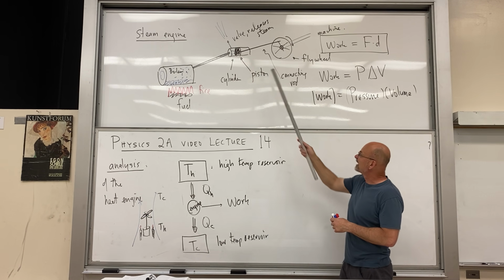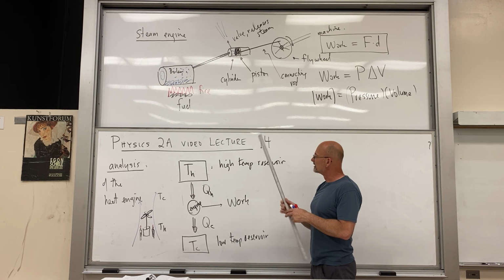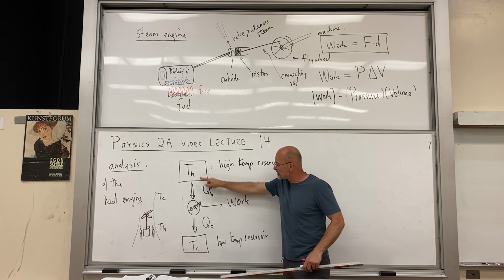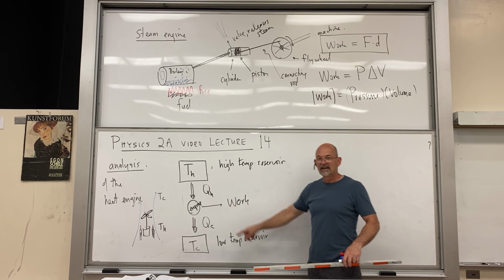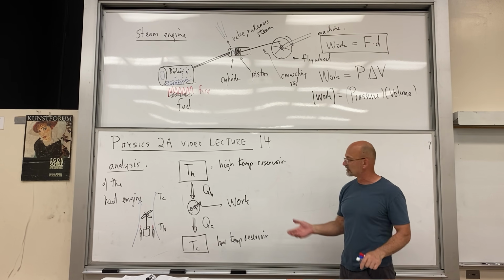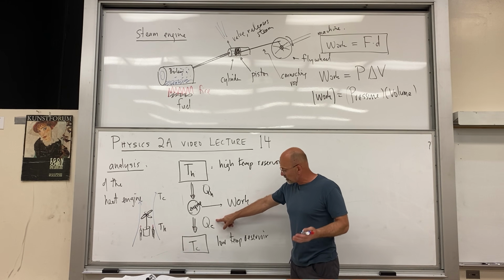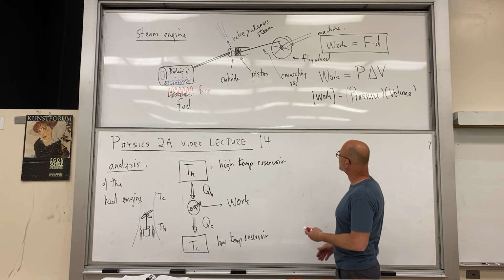But the gasoline inside the cylinder is exploding at a given temperature, and there's a certain amount of energy in that amount of gasoline, so and so many joules per gram or something. And then the waste heat, of course, is the exhaust. Okay, so this also works for an internal combustion engine.